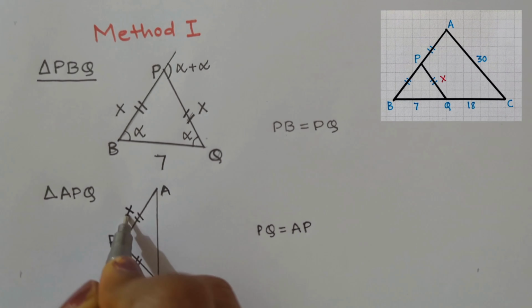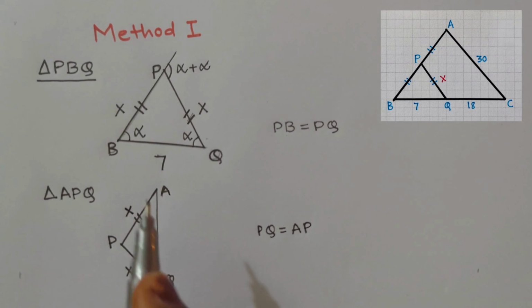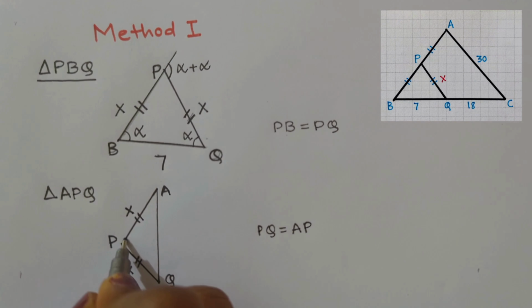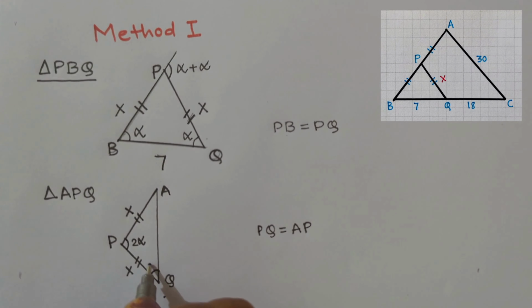Because of that, this value would also be x. From the triangle, we have already come up with the angle at P, which would be alpha plus alpha, that is 2 alpha. Now assume that this angle is beta.